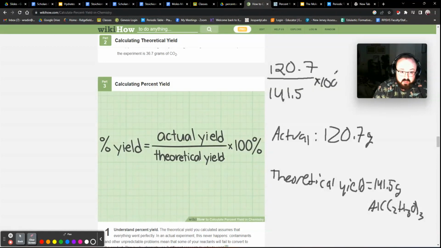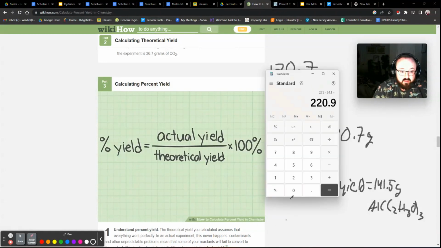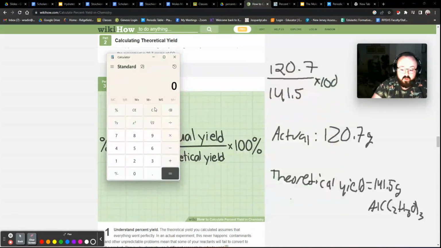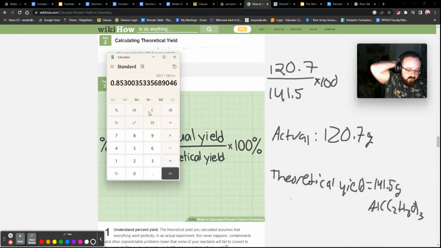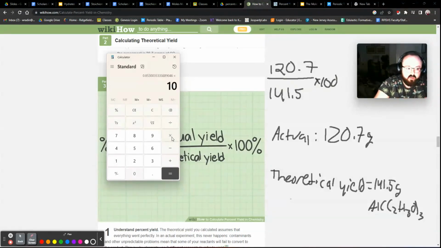Multiply this by 100 because that's what a percentage is. And this gives us this. We multiply this by 100. 85.3%.